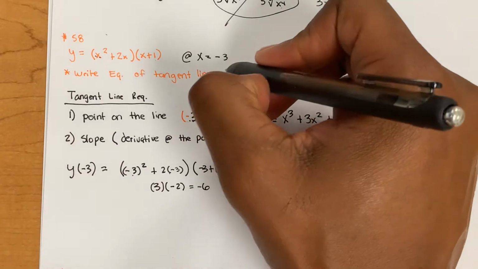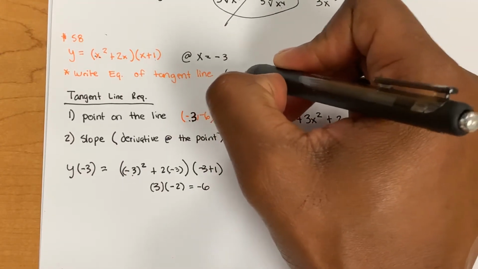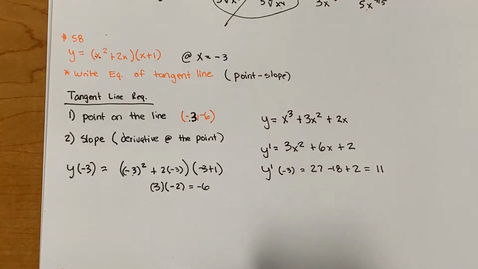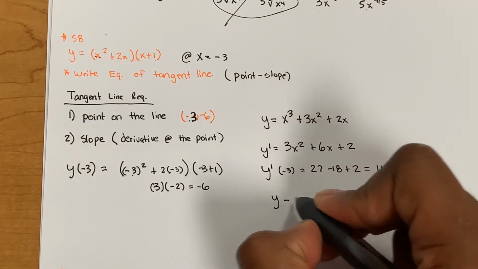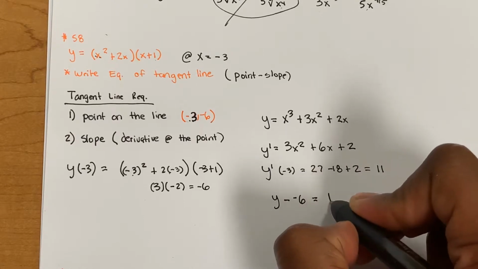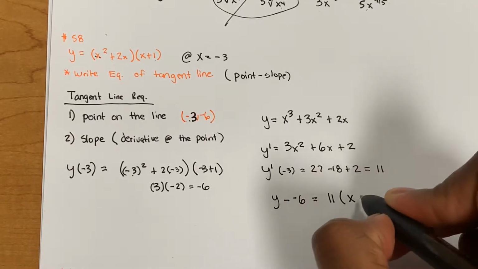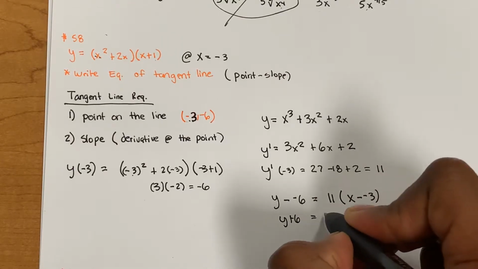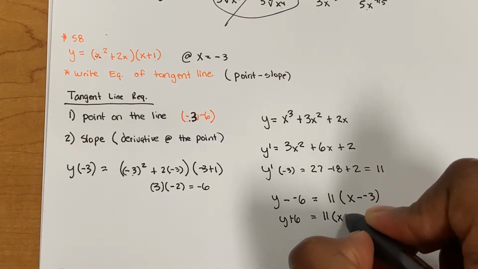So the equation of the tangent line, we're generally going to do in point slope form. So that's going to give us y minus -6 equals the slope, which is 11 times x minus -3, or y plus 6 equals 11 times x plus 3.